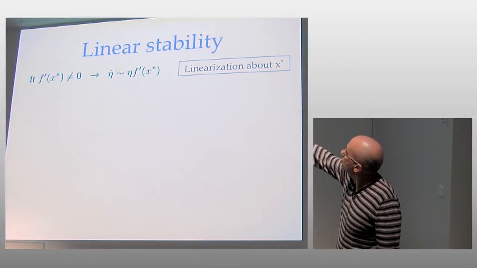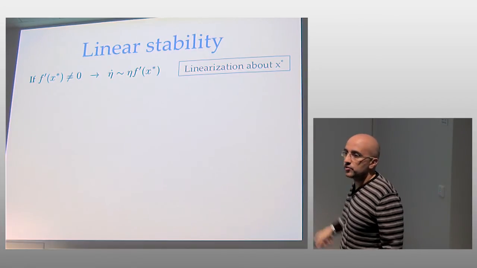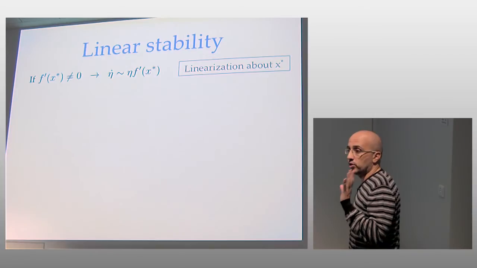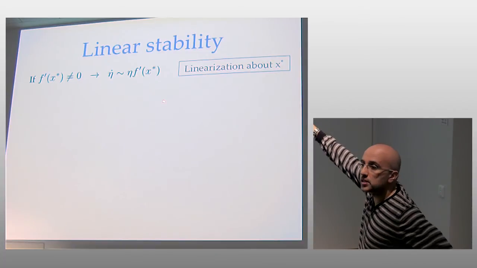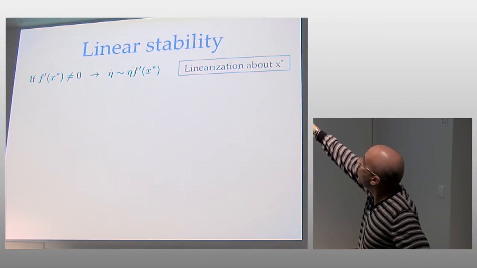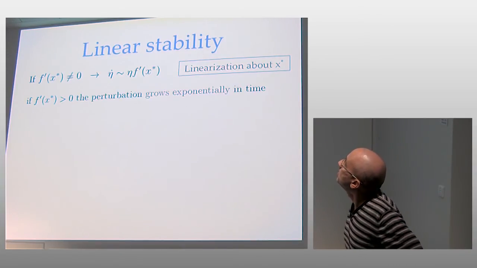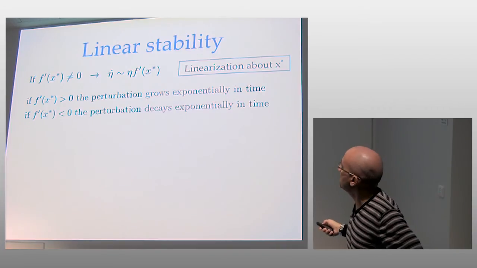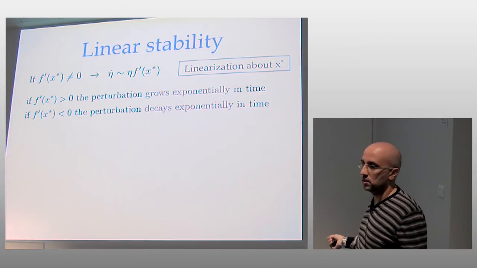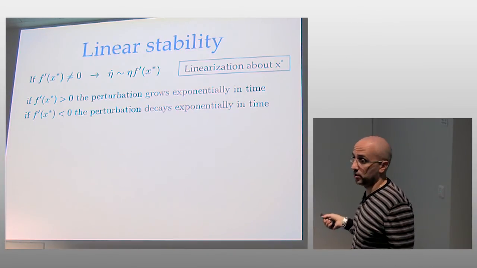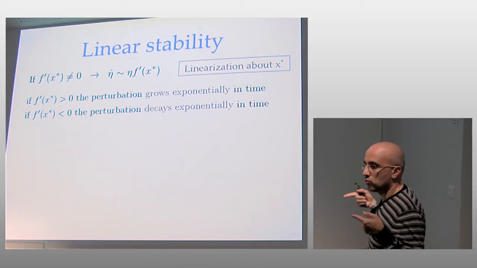You see, eta dot equals eta times a constant, which gives exponential behavior. Only, what type of exponential? Decreasing or increasing exponential depends on the sign of this coefficient. If f prime is positive, then of course you have exponential growth, so the point would be driven away from the fixed point. If it's negative, instead, you have a decreasing exponential, so the perturbation will die.